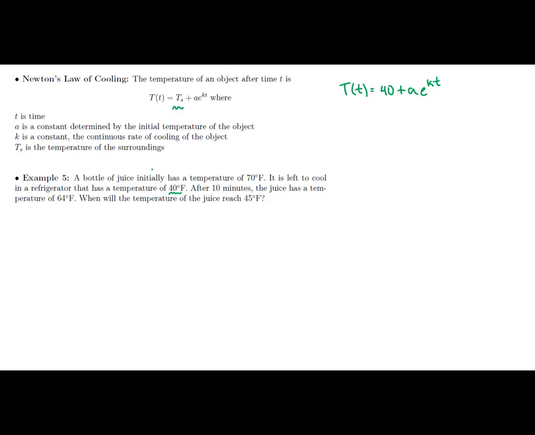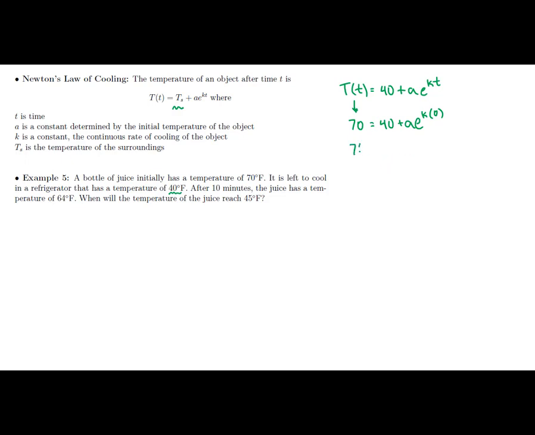Now, they did say that the juice initially has a temperature of 70 degrees, so in other words, when no time goes by, when t is 0, the temperature is 70. So that means I can put 70 in for the temperature at the same time I put 0 in for t.